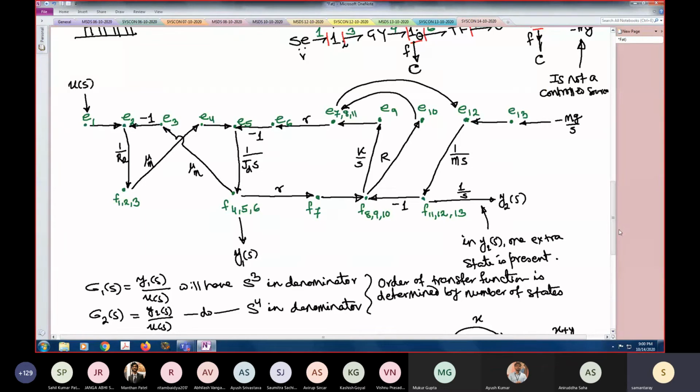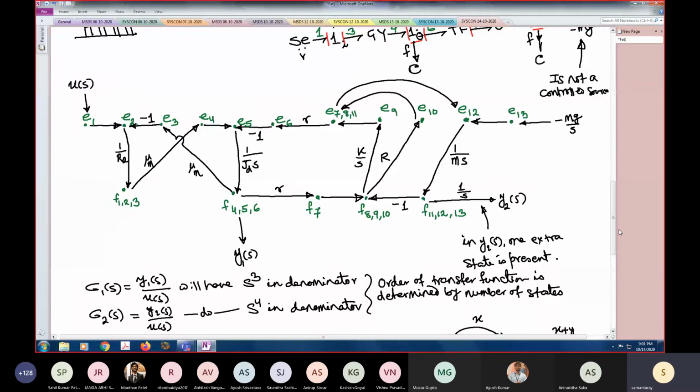Okay. So now from F8, 9, 10 to E7, 8, 11, there are two branches which are parallel. One is K by S going through E9. One is with gain R going through E10. So we'll remove those E9, E10 first. So we have direct connection from F8, 9, 10 to E7, 8, 11 in two parts, K by S and R gains.